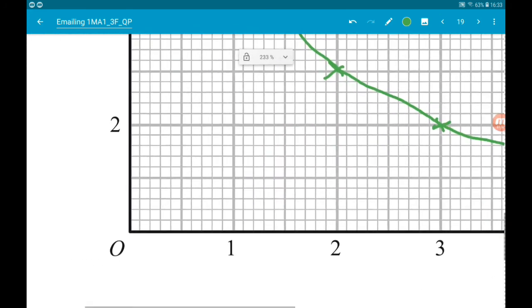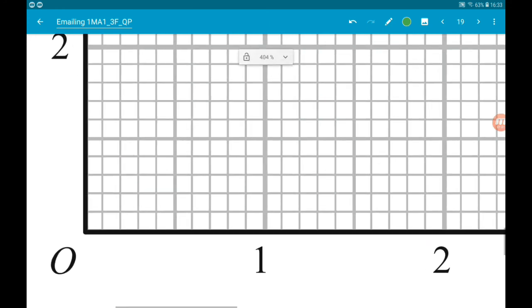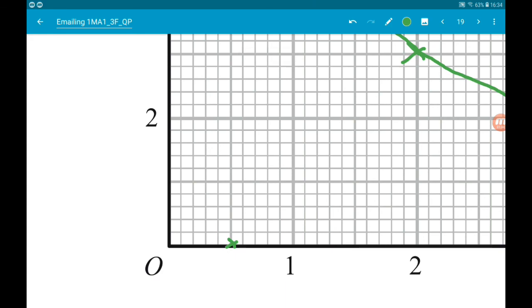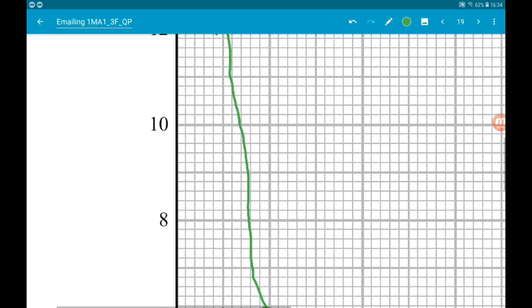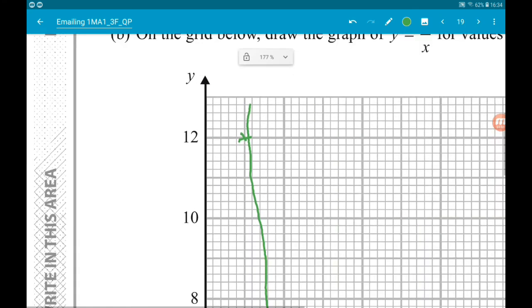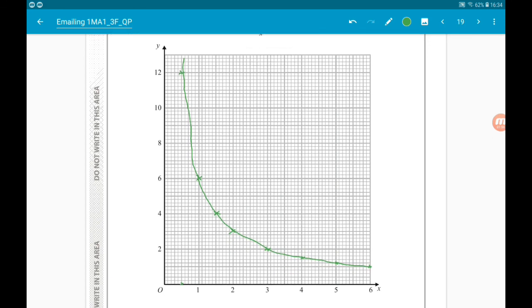So going along, every big square is 1. So 0.5 would be there. Going up every big square is 2. So 0.5, 12 is this point here. Do that for the rest. And then join them up. Don't use a ruler. You've got to try and freehand it. Can't be worse than mine. So you should get something that looks like that.